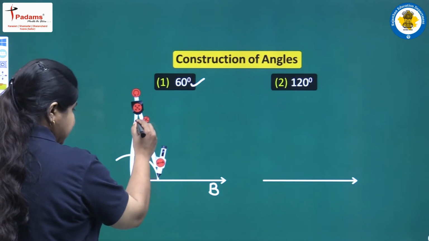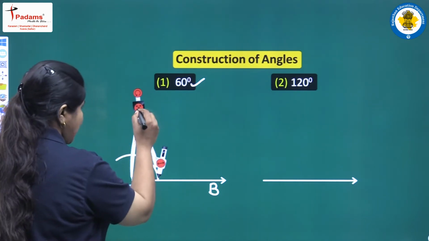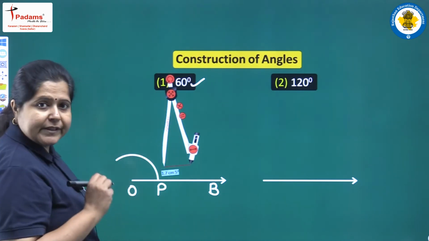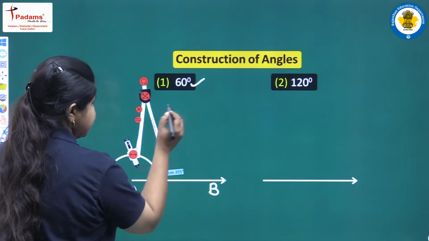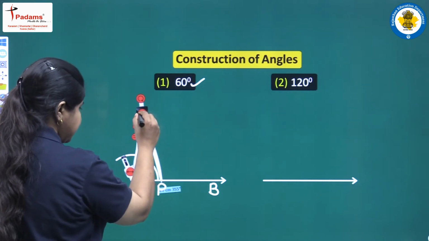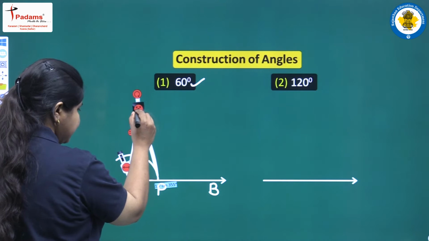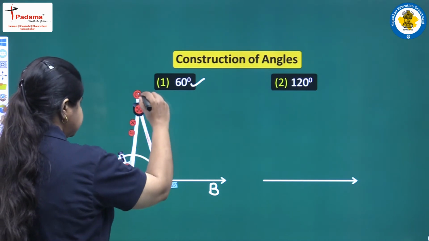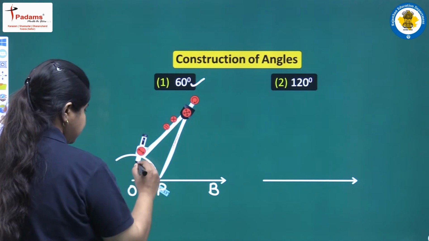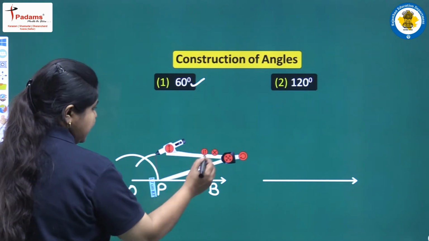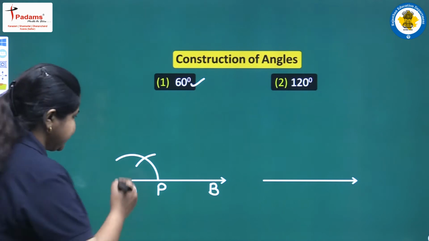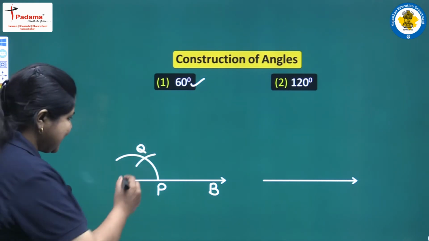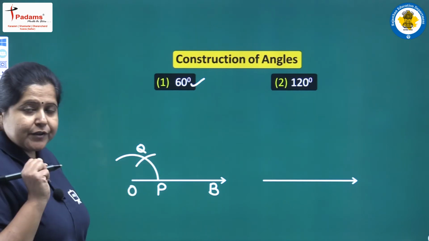You can see. Let me take this point as P. Next what we will do is, with the same radius, keeping the pointed end at P, remember not to change the radius, we will again draw an arc in this same manner. Yes, let this point be named as Q. So here we get this intersection point of the two arcs.